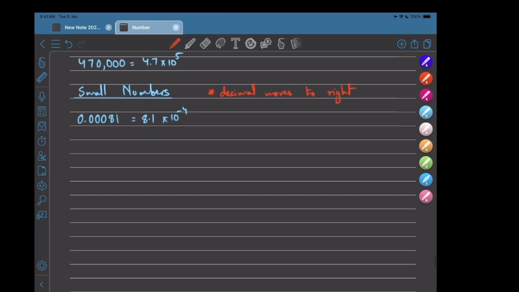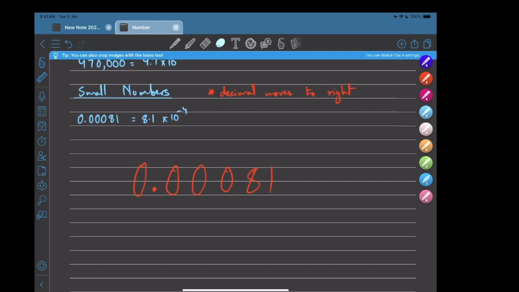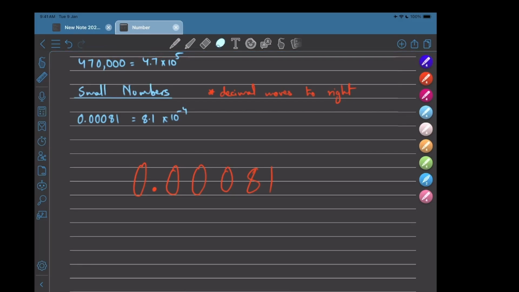When we are talking about small numbers, in this case we have 0.00081. The decimal point is already here. They have given you the decimal point. Now when it is moving towards the right, the value of the power becomes negative. 1, 2, 3, 4.